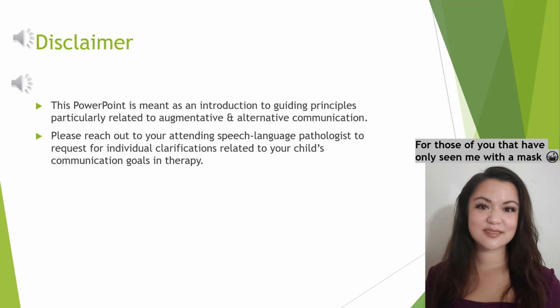For those of you also that only see me with a mask, here's a picture of the rest of my face. And I really wouldn't be true to myself if I didn't start off our PowerPoint with a Miss Lanaism. So we all know you can't spell functional without fun. So in my attempt at fun, I'm going to teach you all a word in Vietnamese.